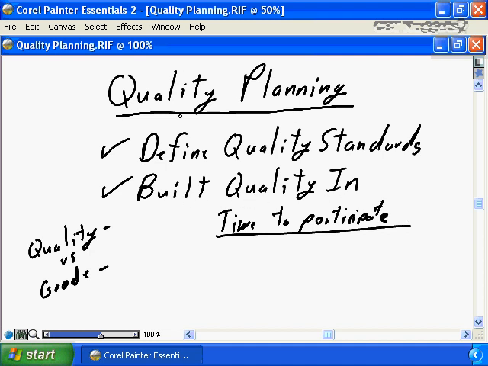The quality planning process starts at the top. The quality planning process starts with you, the project manager.